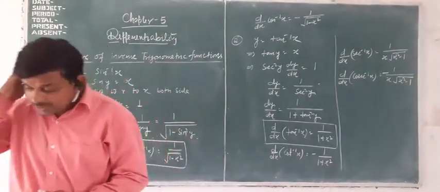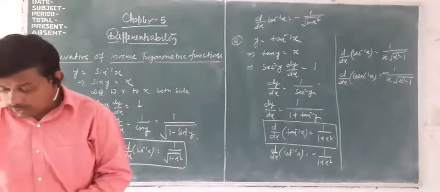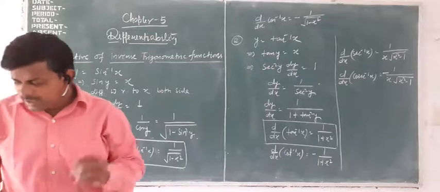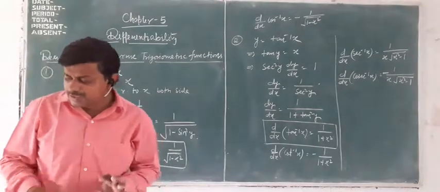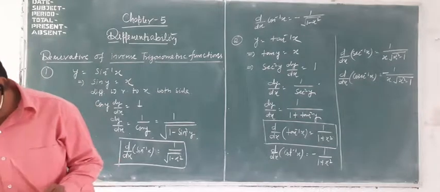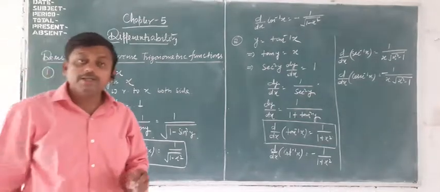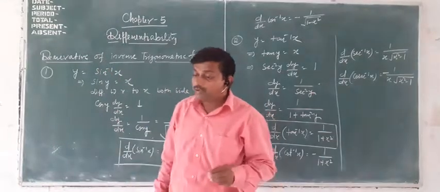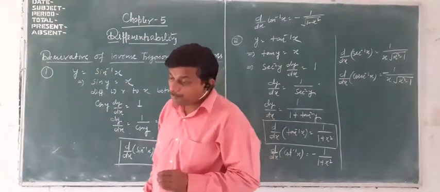Now I would like to discuss some examples or questions from exercise 5.3, a very important and very easy exercise. Up to question number 8, these questions are about finding the derivative of implicit functions.